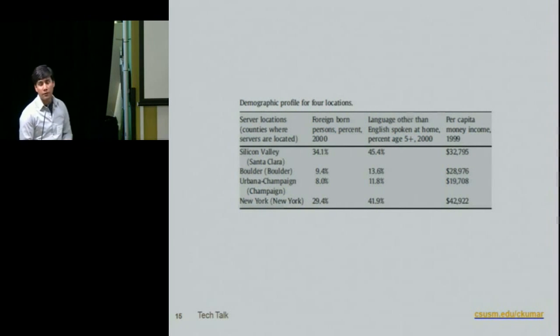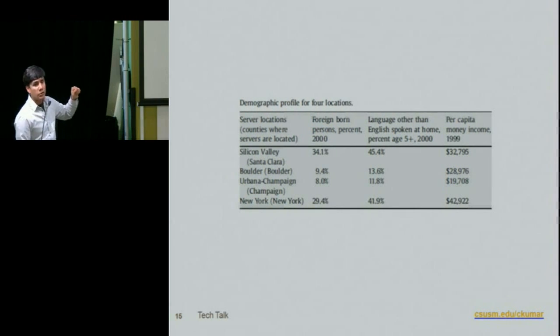One demographic factor that we considered was the percentage of immigrants in each of those 4 counties. Silicon Valley has 34% foreign-born persons. New York has almost 30%, which is significantly different from Boulder, which is slightly less than 10%, and Urbana-Champaign, which is 8%.